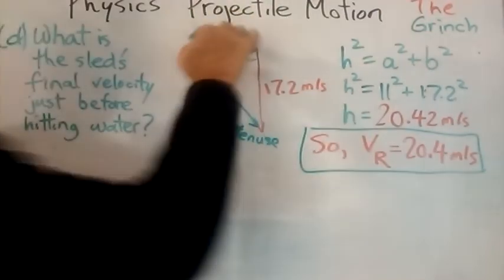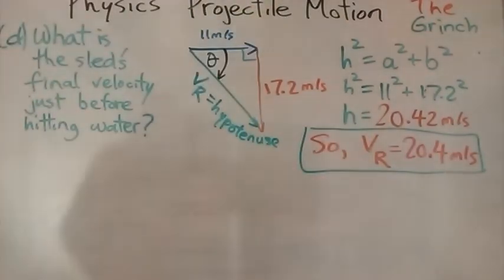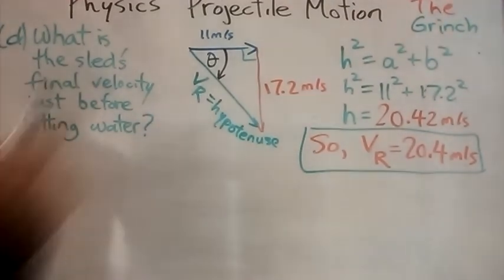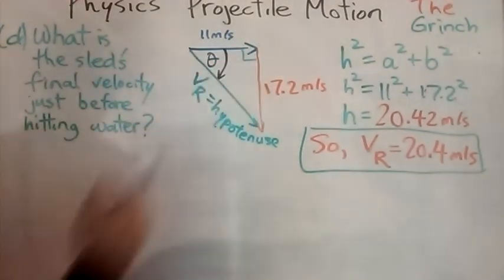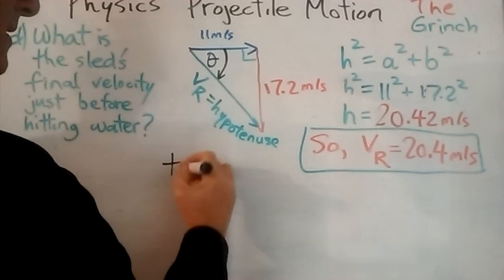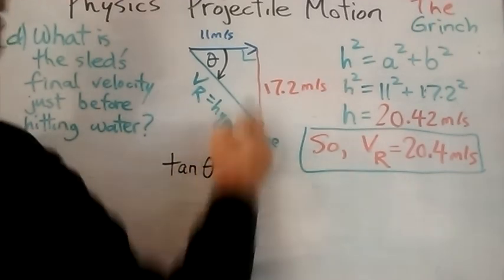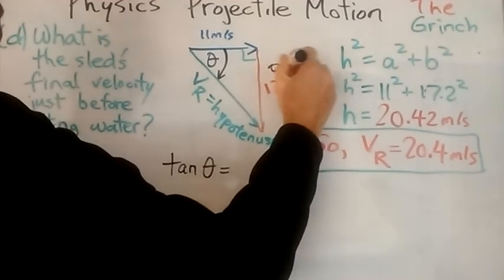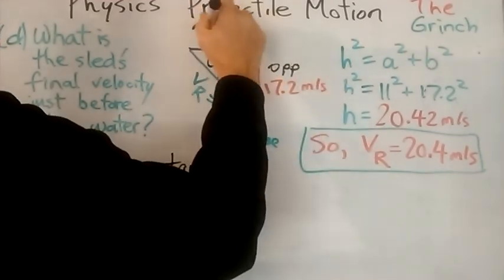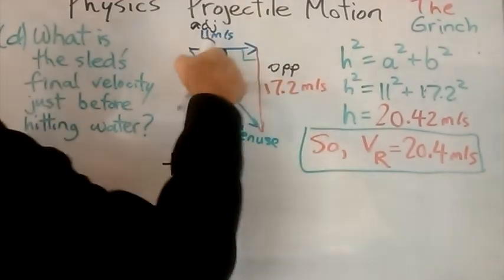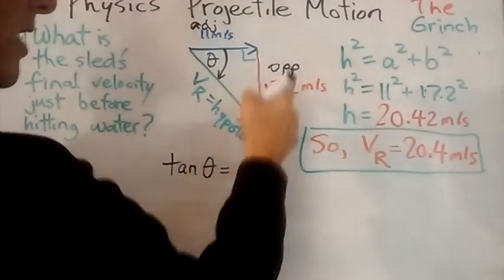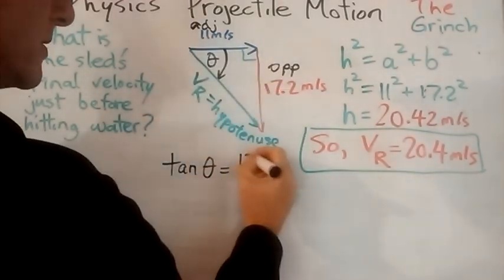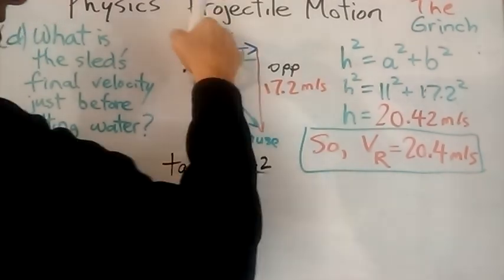Let's get that angle. To get the angle, we have 90 degrees, thank goodness. So tan theta is equal to opposite over adjacent. So we got opposite here, adjacent here. There's the angle. Opposite, 17.2. Adjacent is 11.